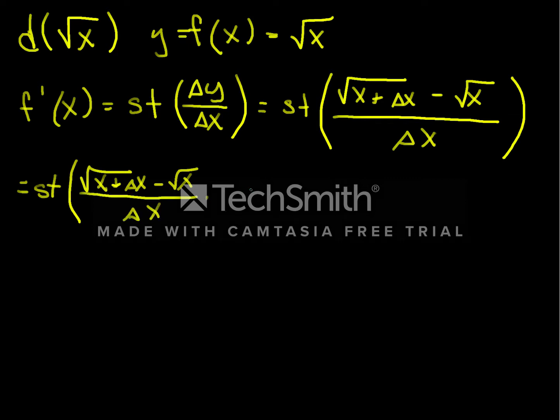And then we'll multiply by the conjugate, square root of x plus delta x plus square root of x. But to keep equality, I'm going to have to divide by it again. So I'm really just multiplying by a fancy 1.